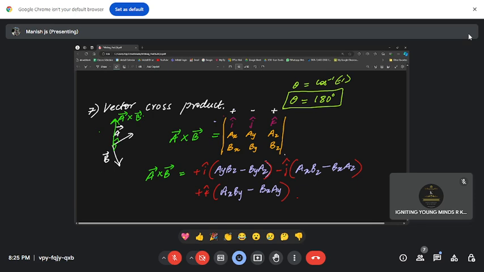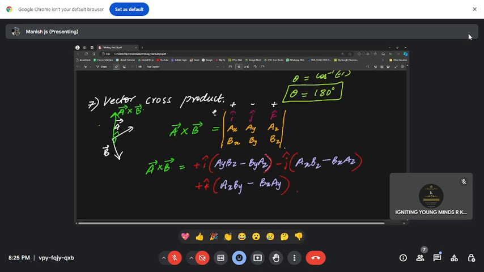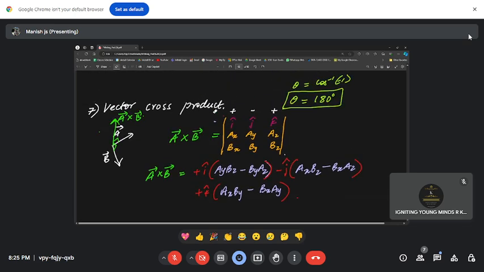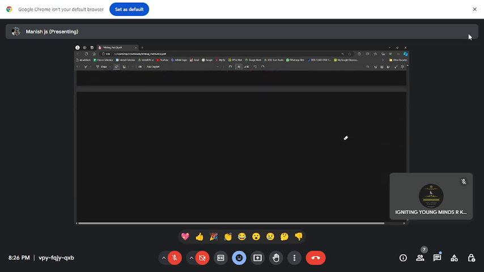Draw the matrix immediately and then try to find out the cross product of two vectors. This is the formula for the cross product of any two given vectors A and B. I hope this is clear, children. I hope you have made a note of it. Now let us apply it to a particular question.